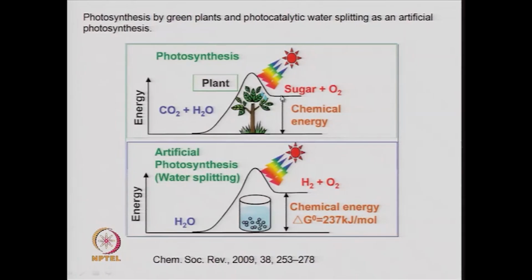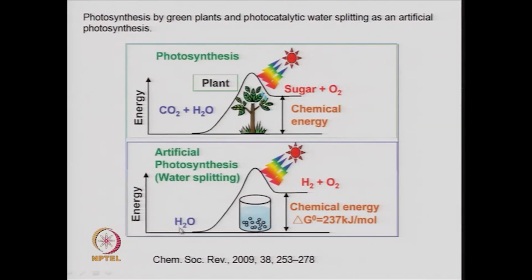It uses it to make sugar. Artificially, in the lab, when we try to do the same thing, we call it the water splitting reaction, because the starting material we take is water, and instead of sugar, what we get is hydrogen and oxygen.